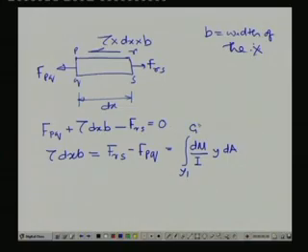This particular expression can be simplified once again, and it equals dM by I integral y1 to c1 y dA.